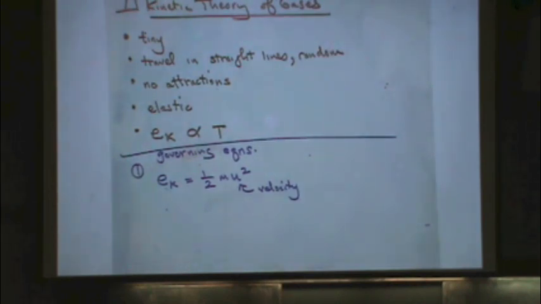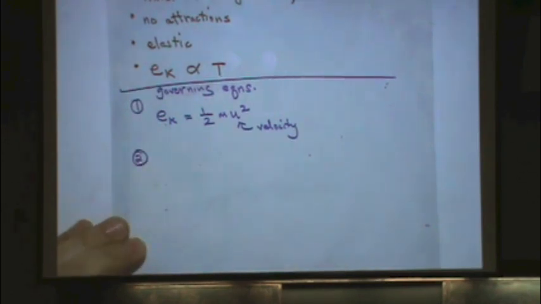You see how as mass goes up, U has to go down, keeping kinetic energy the same. If mass goes down, U must go up. That's a main concept you want to remember: faster things will be lighter, and slower things will be heavier. As mass goes up, U must go down, and vice versa.